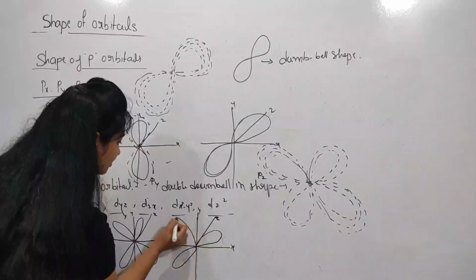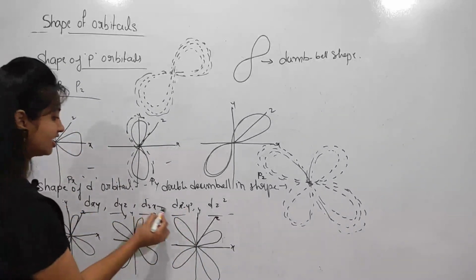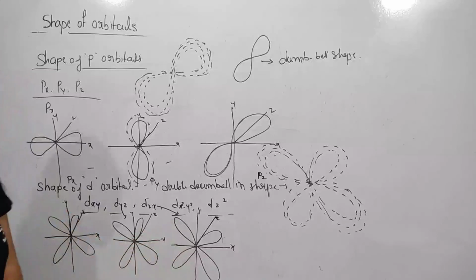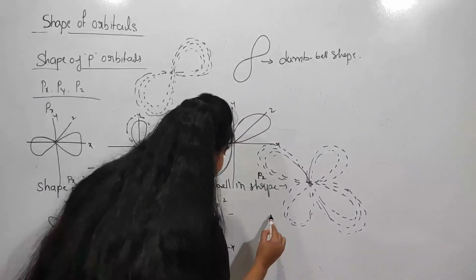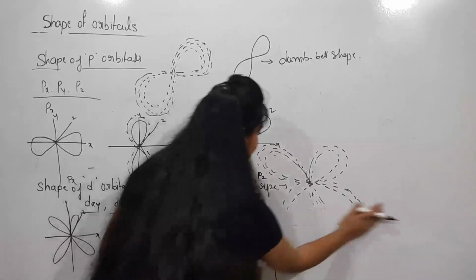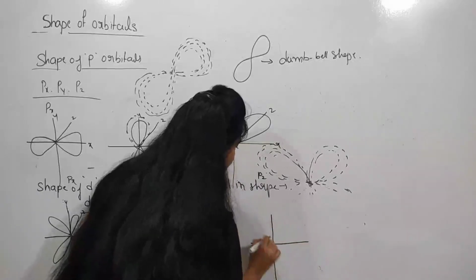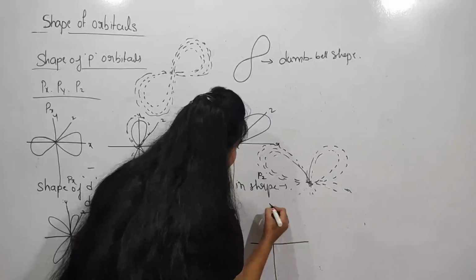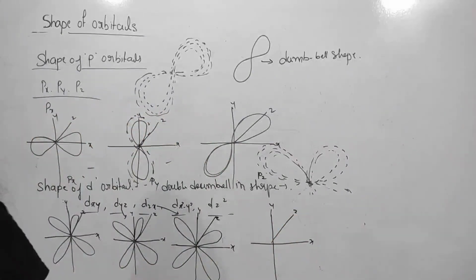So like this. So this is our dzx orbital. And next is dx square minus y square. So see here. This is our y-axis and this is our x-axis and this is our z-axis.